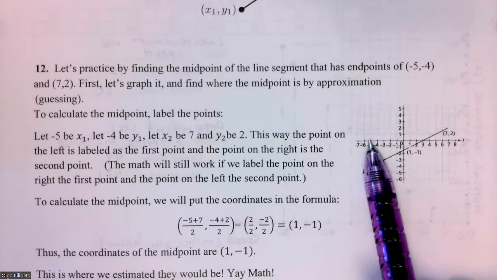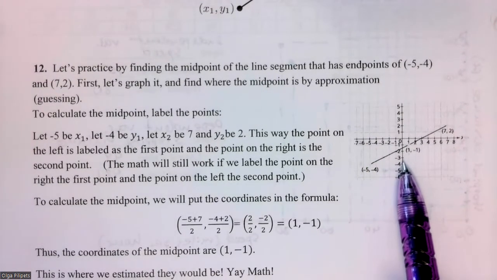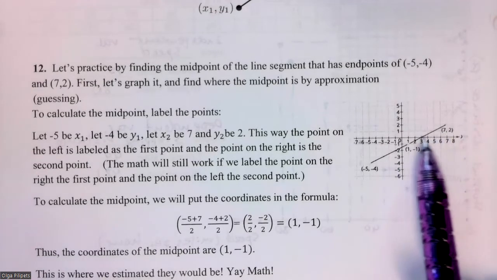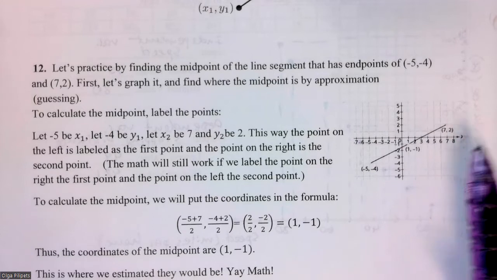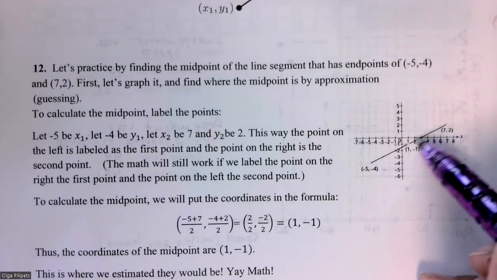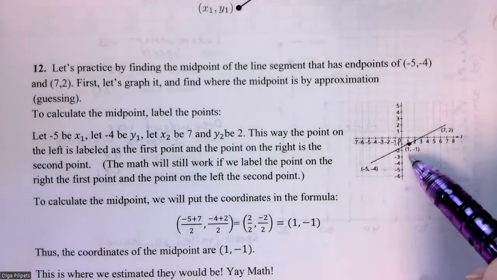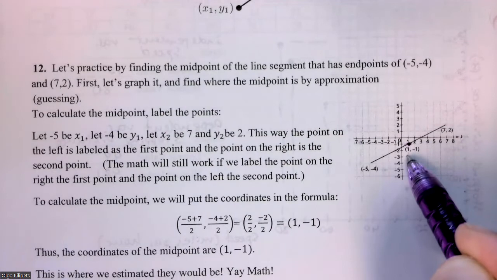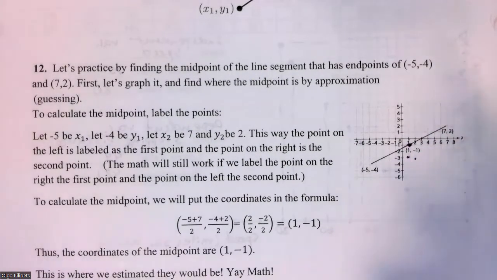This point is -5, -4, and this point is 7, 2. If we eyeball the middle, this would probably be it. Is this 1, -1? Let's see.